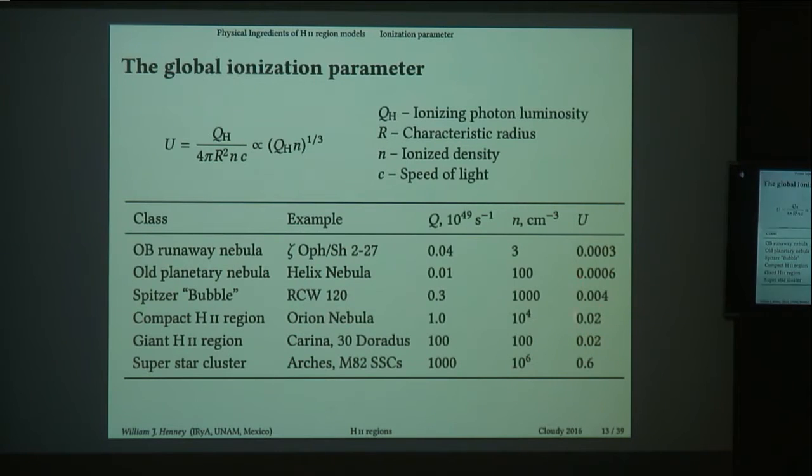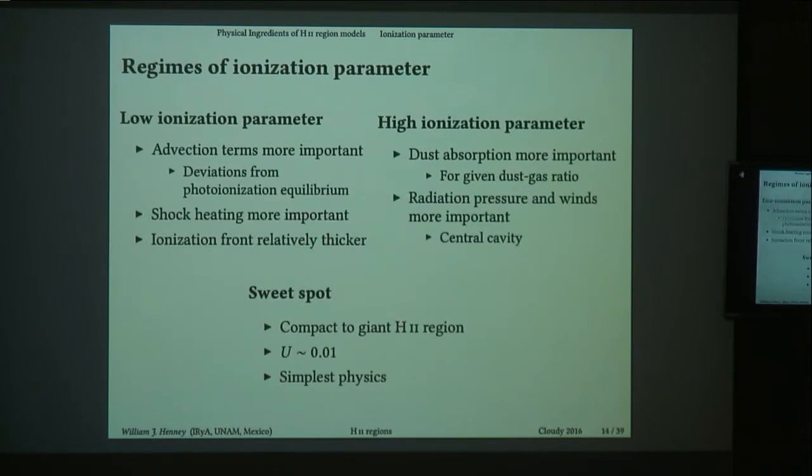We'll be focusing on these values, and the reason is that the physics is actually quite a lot simpler if you're around U of 1%. Because if you go to low ionization parameters, then photoionization equilibrium tends to break down, advection terms are important in many of the rate equations, shock heating is more important, and the ionization front is very floppy.